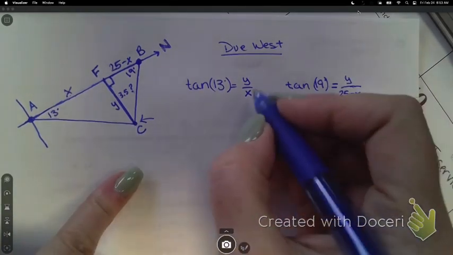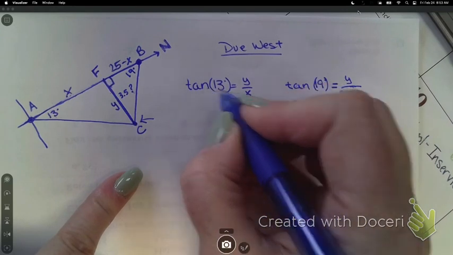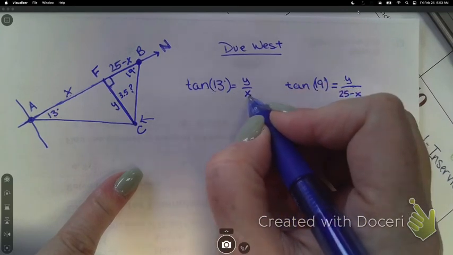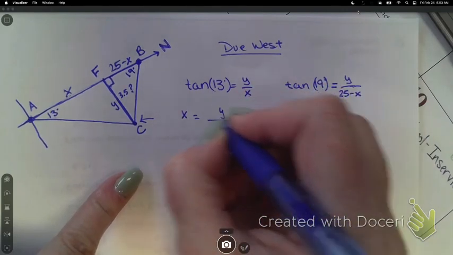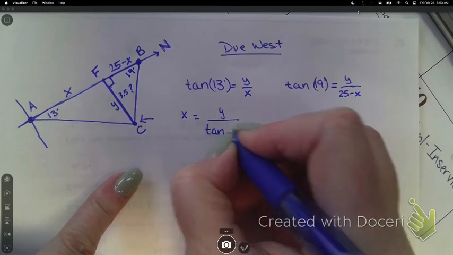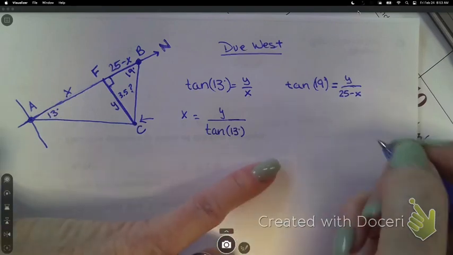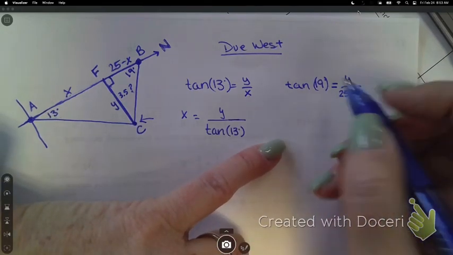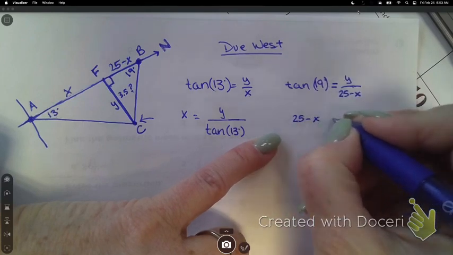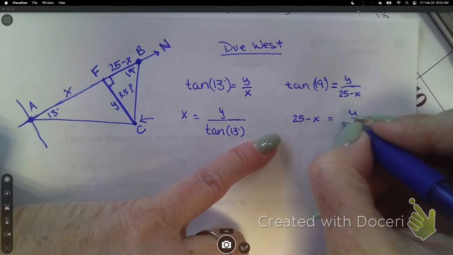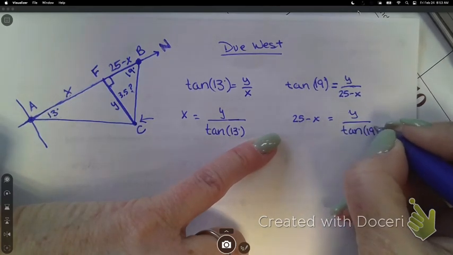Yeah. Okay, so if I'm solving this for x, I would multiply it by x, but divide by tangent, just like we've done. So this would be x equals y over the tangent of 13. And this one's going to follow the same, well, kind of. This one would be 25 minus x equals y divided by the tangent of 19, but I still don't have x by itself, do I?